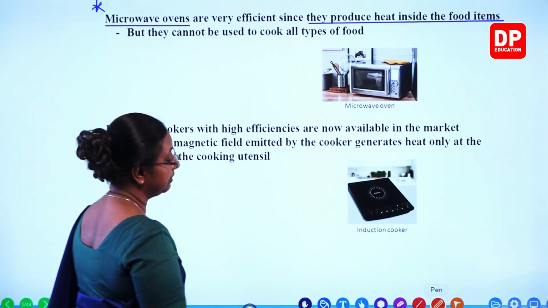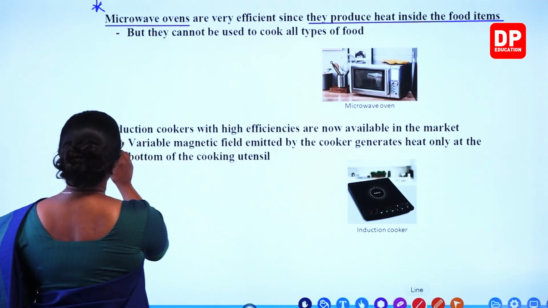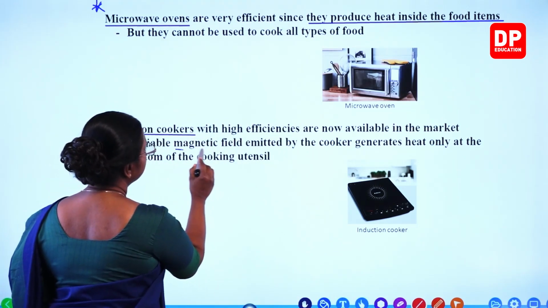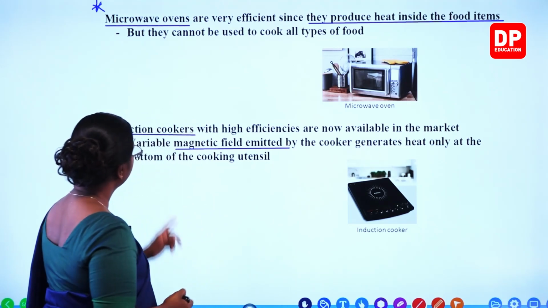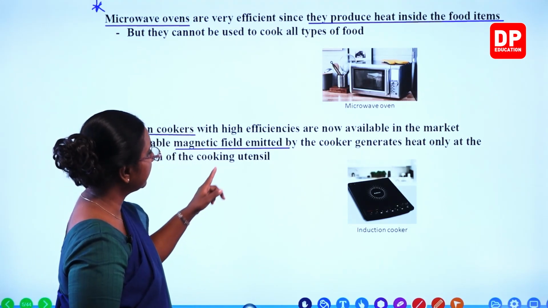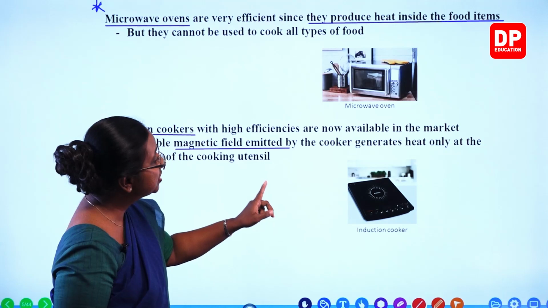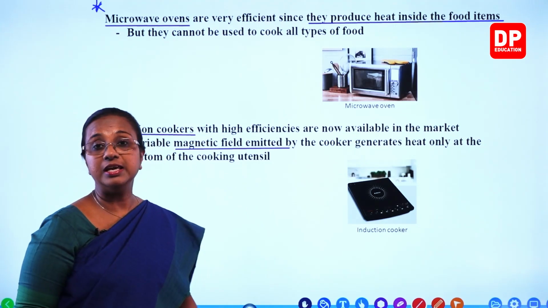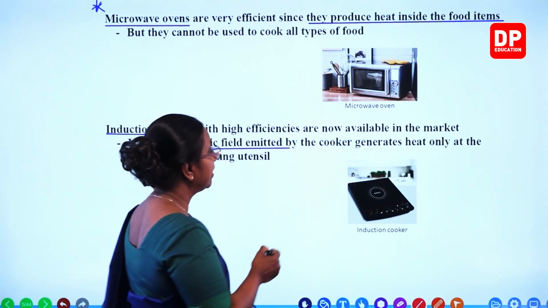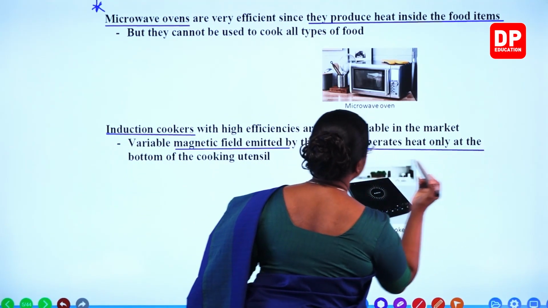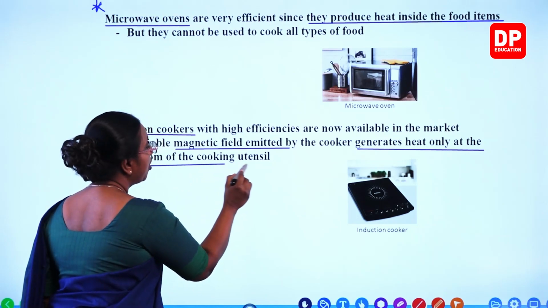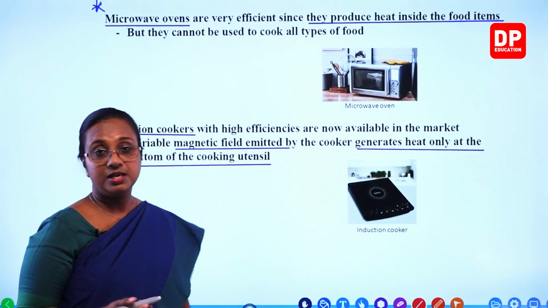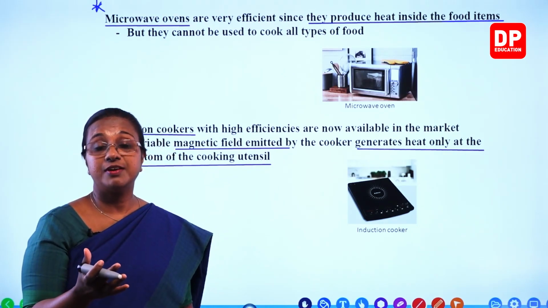Variable magnetic field. So like I said, induction cookers use a magnetic field. The variable magnetic field emitted by the cooker generates heat only at the bottom of the cooking utensil. That is very important. So hot plate, that is the difference.